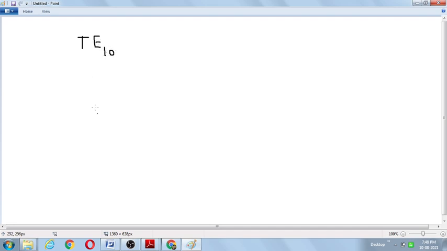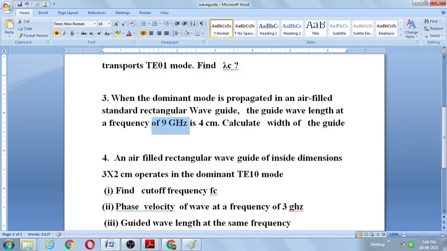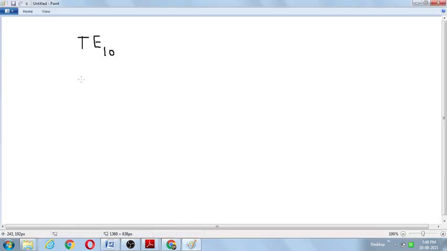So given data: frequency is equal to 9 GHz, that means 9 into 10 power 9 hertz, and lambda g is equal to 4 centimeters.